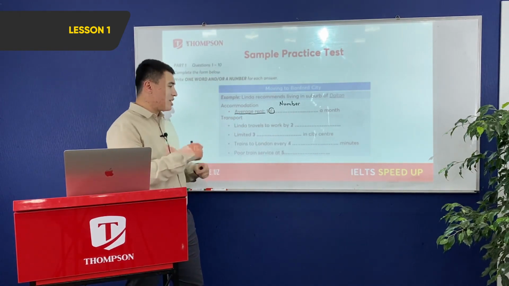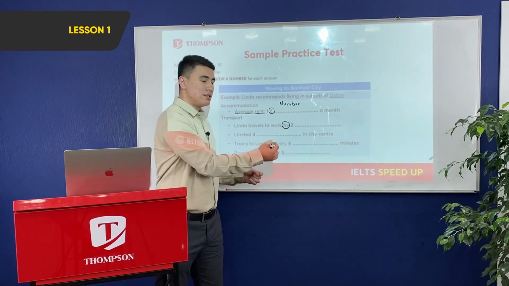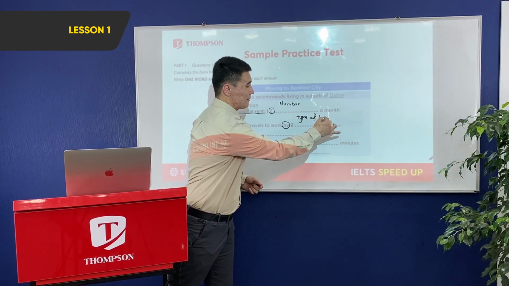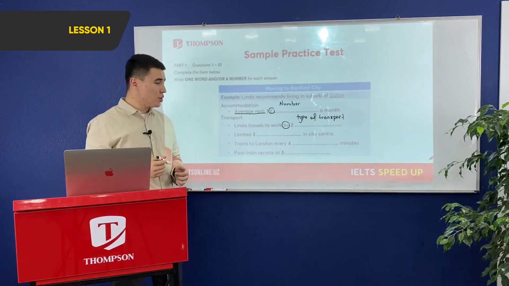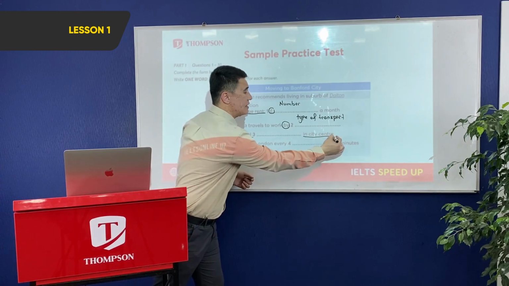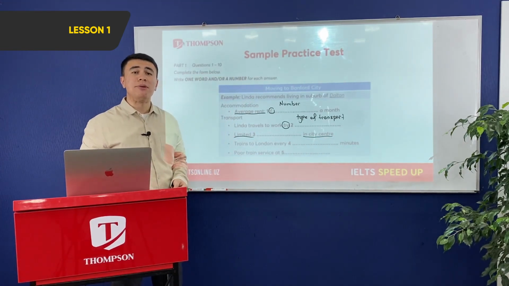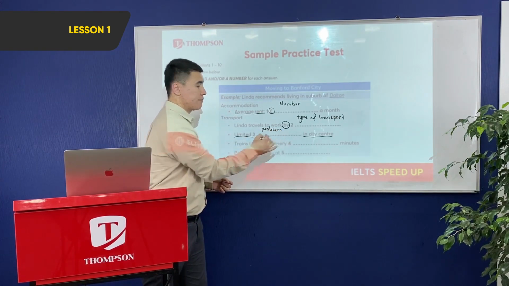In the second question, we have Linda travels to work by, so it is going to be type of transportation. In the third question, you will be given limited in city center. So in the audio, one of the speakers will mention a problem in this area.